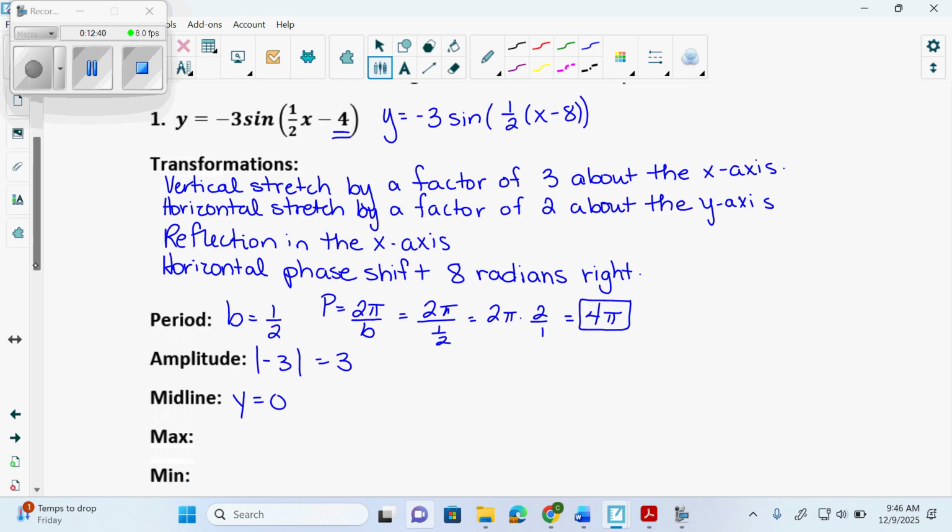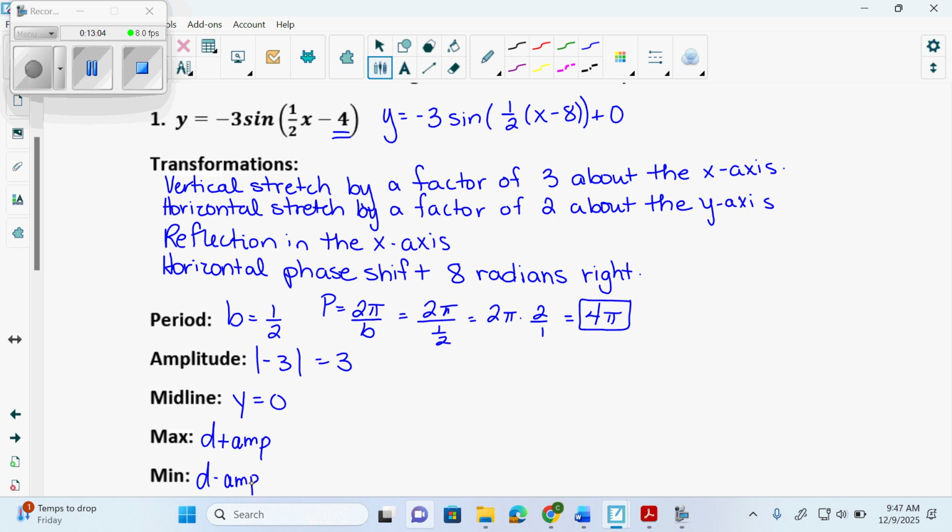How do I get the maximum from here without using my calculator? Damp. D plus amp. D minus amp. So the max is D plus amp, and the min is D minus amp. Can we ampta?